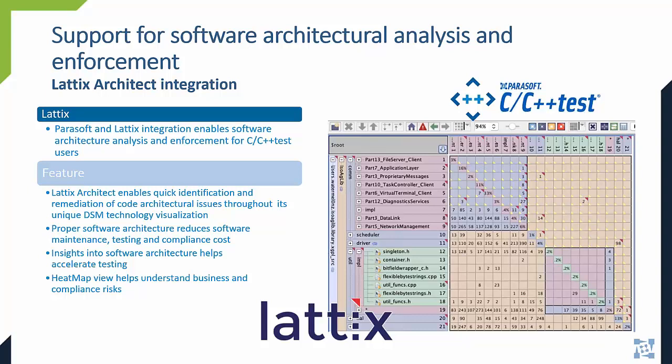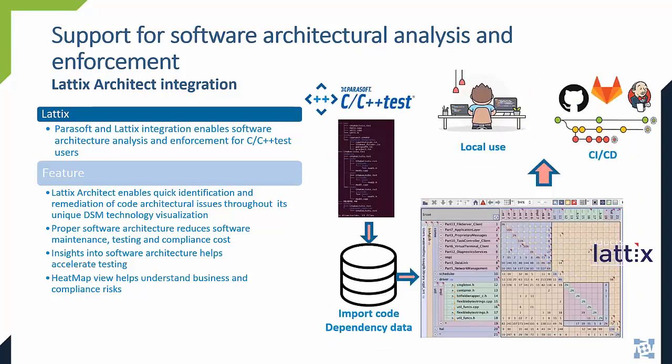Users can also enforce the architecture through automatic detection of rule violations, which also helps control code complexity. So Lattix Architect relies on code analysis data produced by C/C++test and then offers its unique matrix visualization based on dependency structure matrix, or DSM, technology to quickly identify and remediate architectural issues.